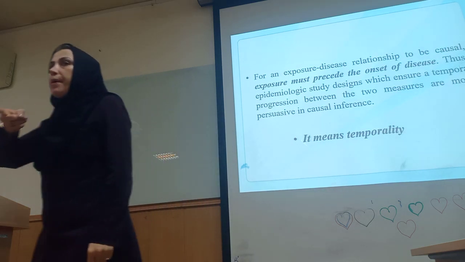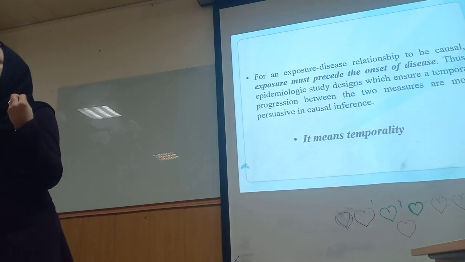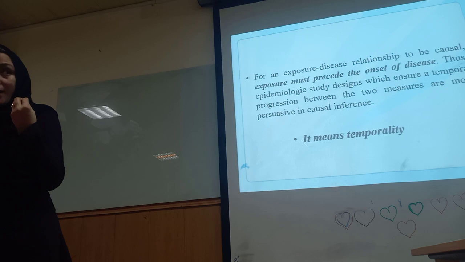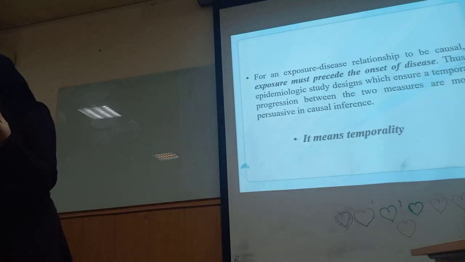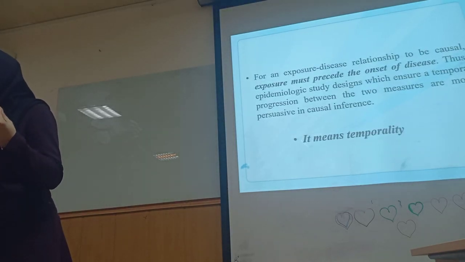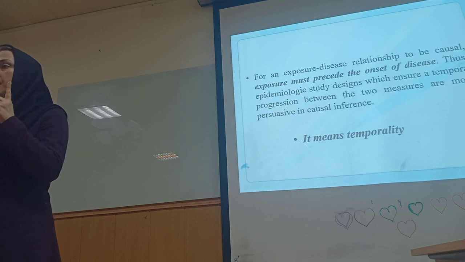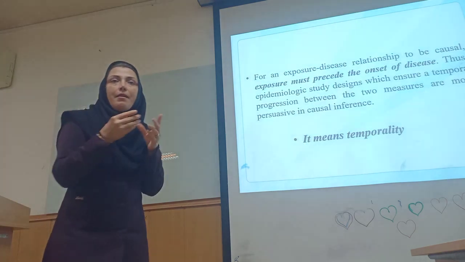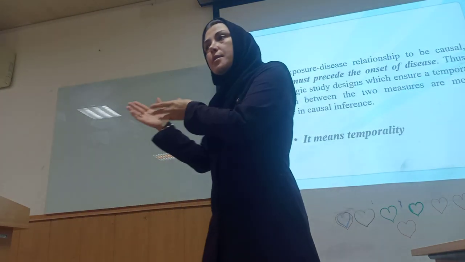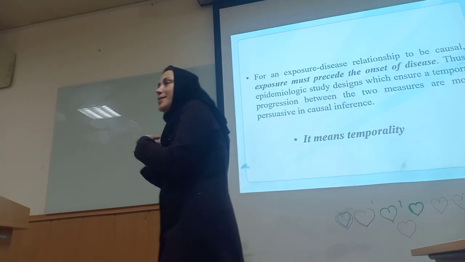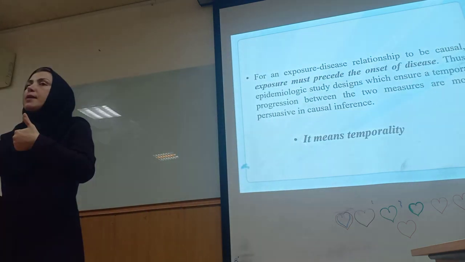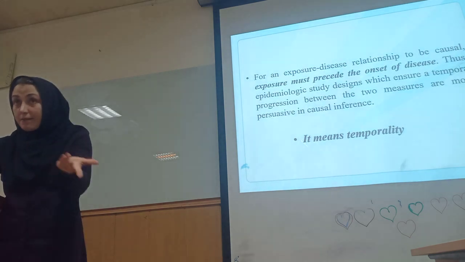Do you remember the concept of incidence? Yes? It was risk. Risk among at-risk population. I told you that if somebody is diabetic, he is not at risk for being diabetic again.